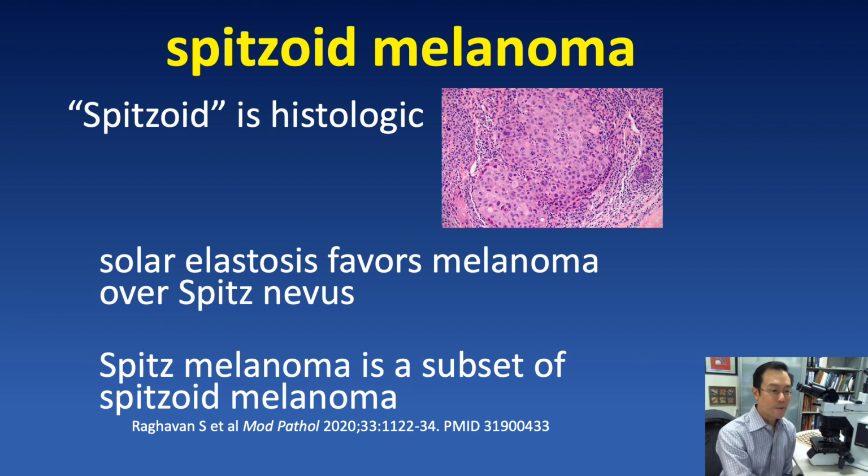So one should be quite cautious about making a diagnosis of Spitz nevus in any lesion that has skin with solar elastosis. But having said that, the difficulty is compounded by the fact that Spitz melanoma, which some people have referred to as spitzoid melanoma of childhood in the past, as molecularly defined, has a predilection for children, in which case you don't have the solar elastosis as a clue.